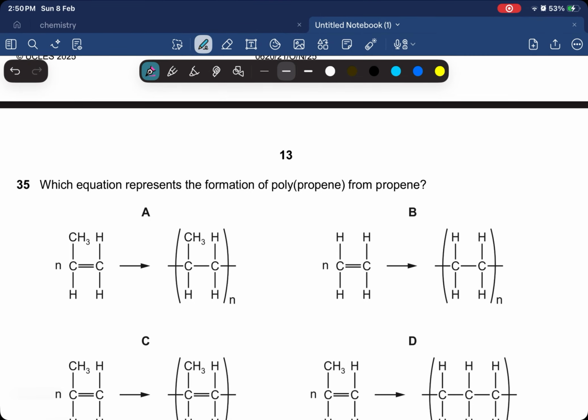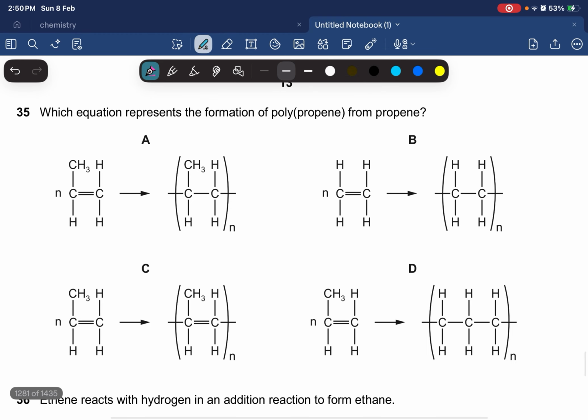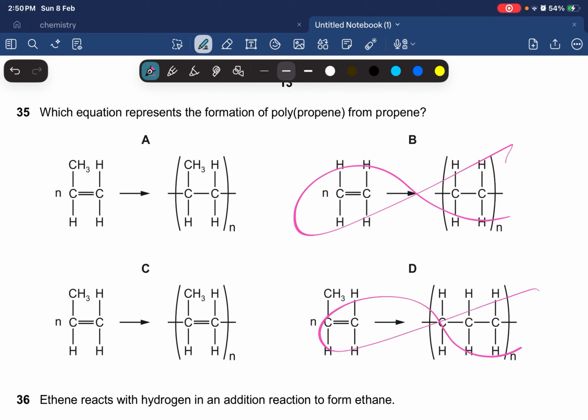Okay, now what are we doing? Which equation represents the formation of polypropene from propene? Okay, definitely a cross. You polymerized it.